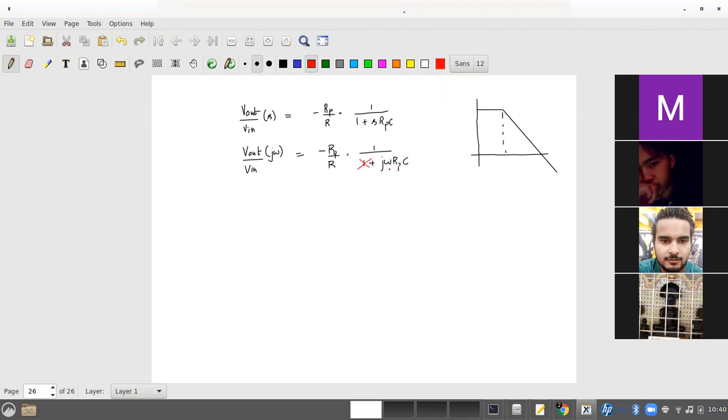You can drop the 1 with respect to this term, right? So the magnitude of Vout by Vn, for omega significantly greater than 1 by RpC, this is 1 by RpC. What is this?